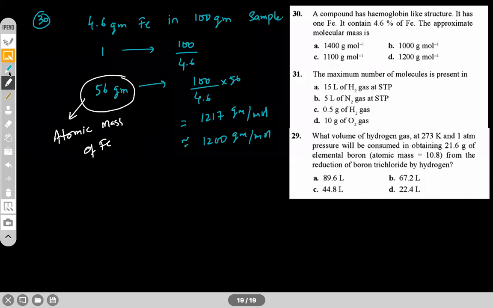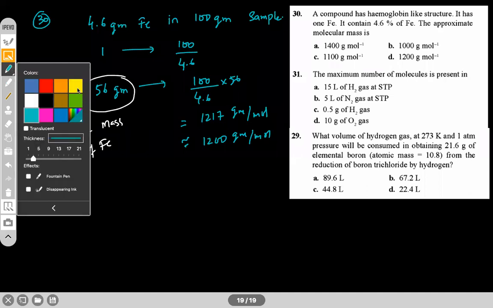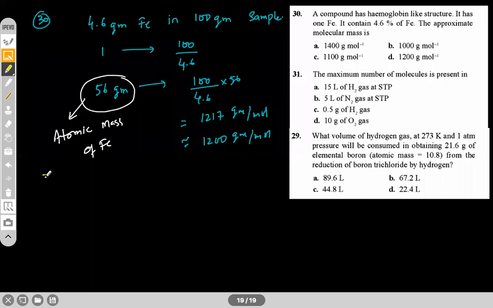Okay. 31st. The maximum number of molecules present in, okay. So maximum number of molecules means what? We can directly compare the number of moles.